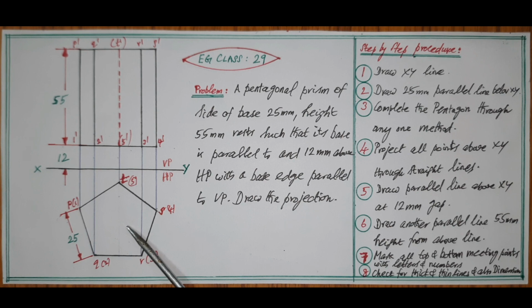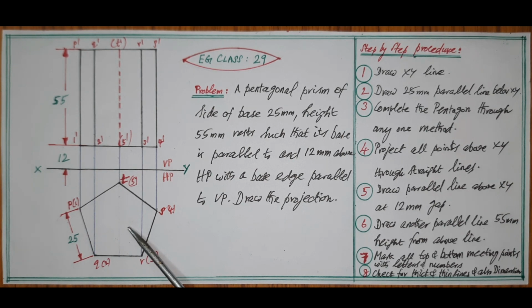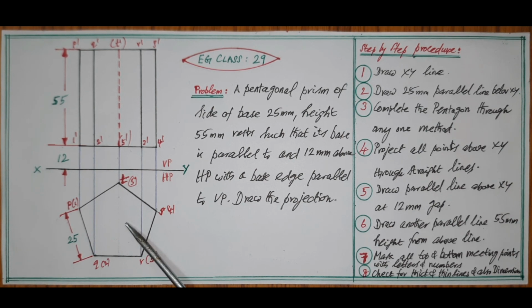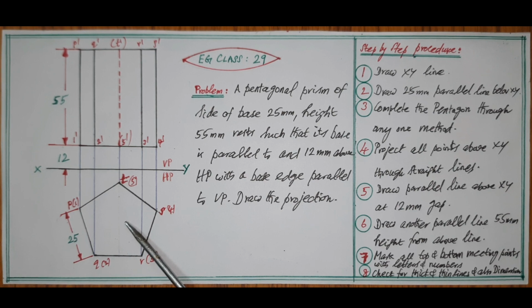Also, it is vertical or perpendicular to HP. So, this is also an axis perpendicular to HP and parallel to VP type of problem, like that of the previous one. Since the true dimensional view comes on HP, first draw the pentagonal prism as shown.